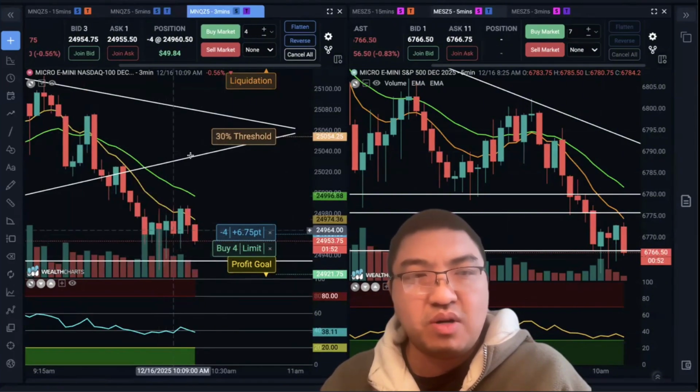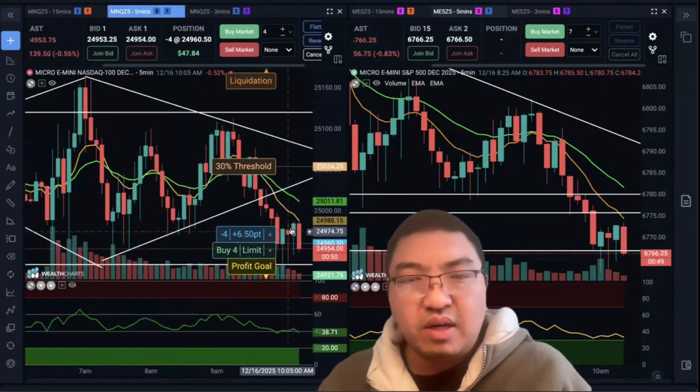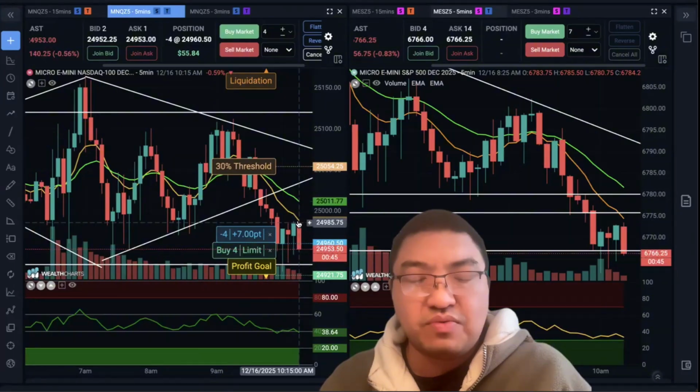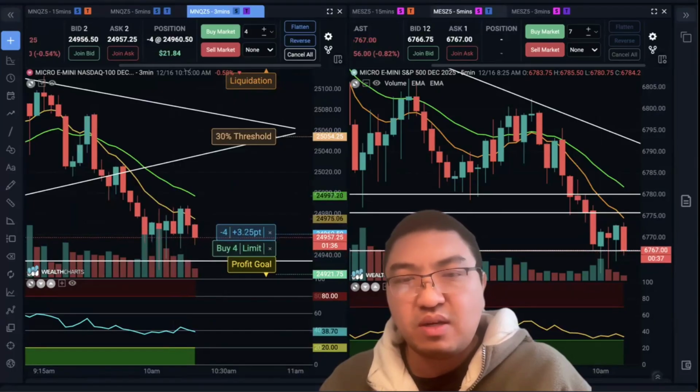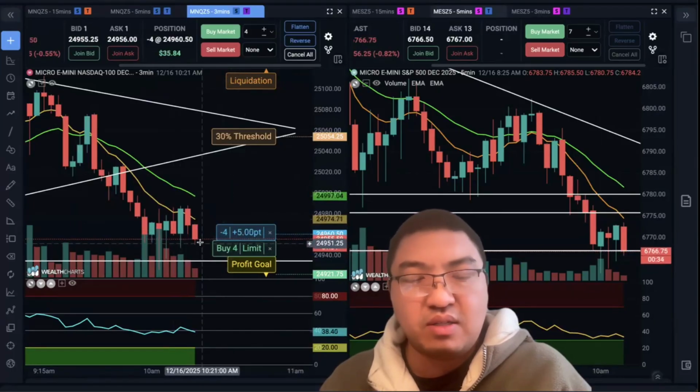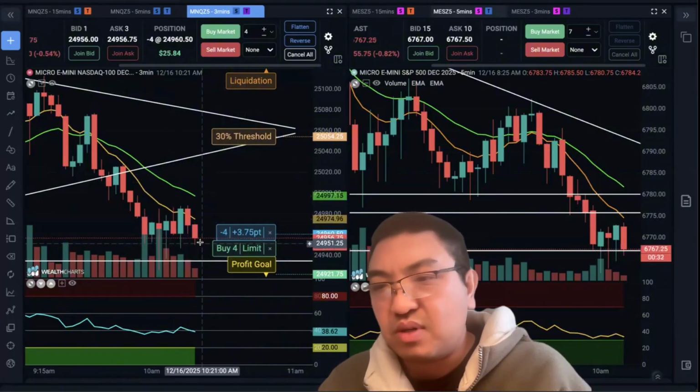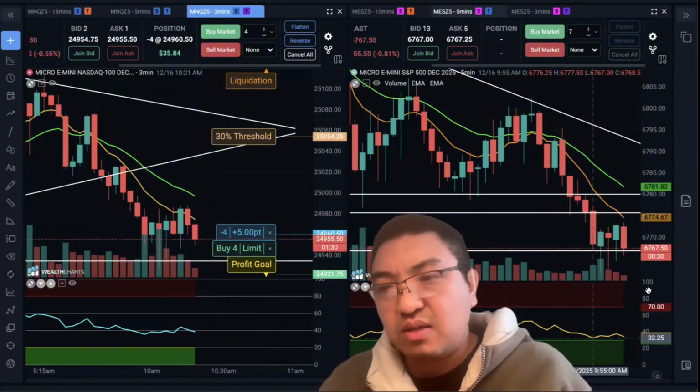Wait for a couple more candles. Okay, this is where EMA catches up, and I'll go short from here. Even though I wanted to go short a little bit earlier, so I lost like $200 profit. And we'll see the behavior around here, if it can break out of this weak level. What about ES?